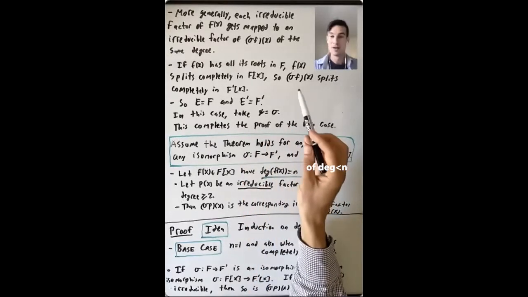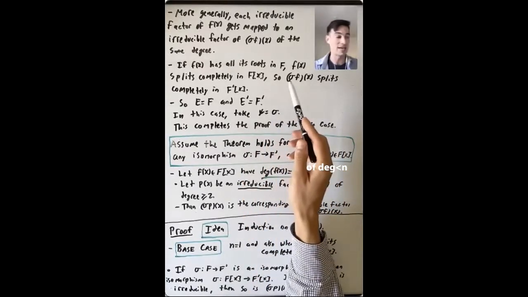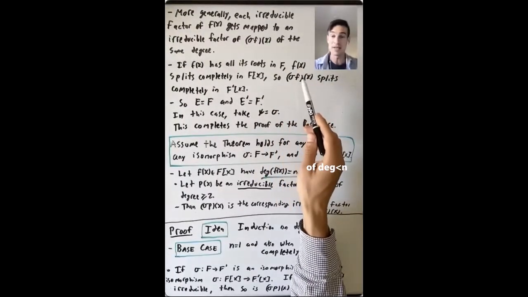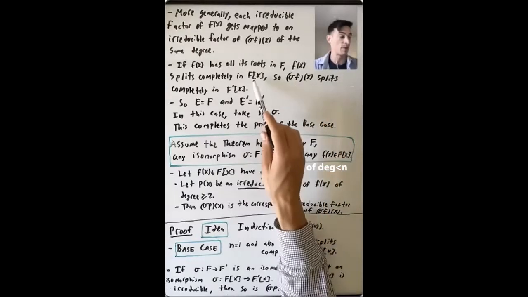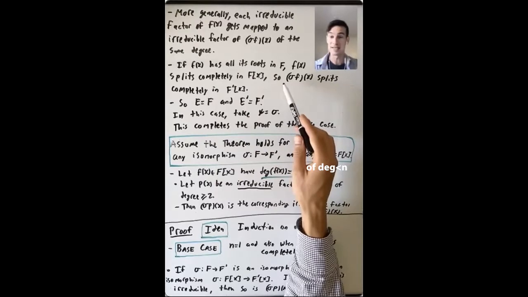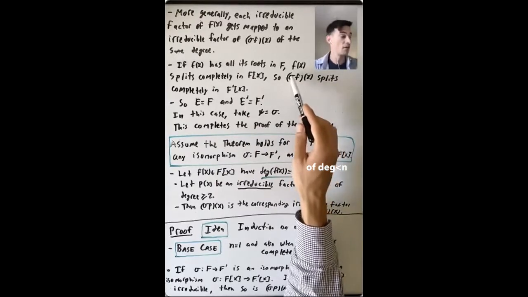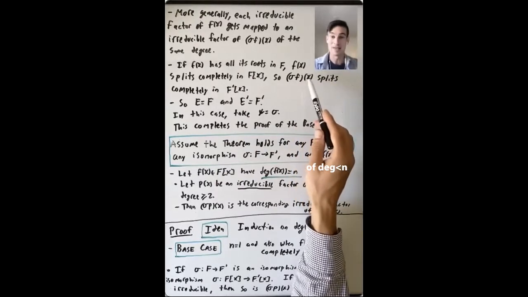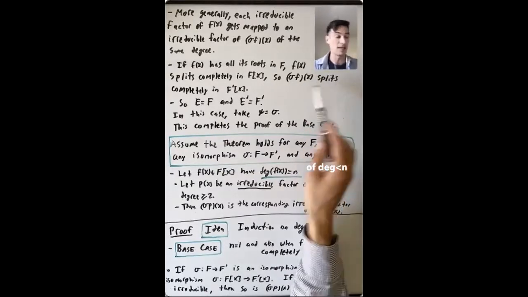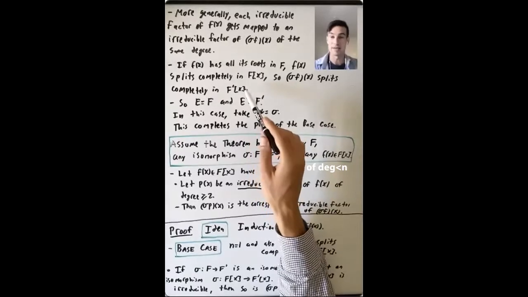Okay, so let's talk about one special case. So if f of x has all of its roots in F, that means it factors completely into products of linear factors in F bracket x. So each linear factor gets sent to a linear factor of sigma of f of x by this ring isomorphism sigma. So sigma of f of x also splits completely in F prime bracket x.